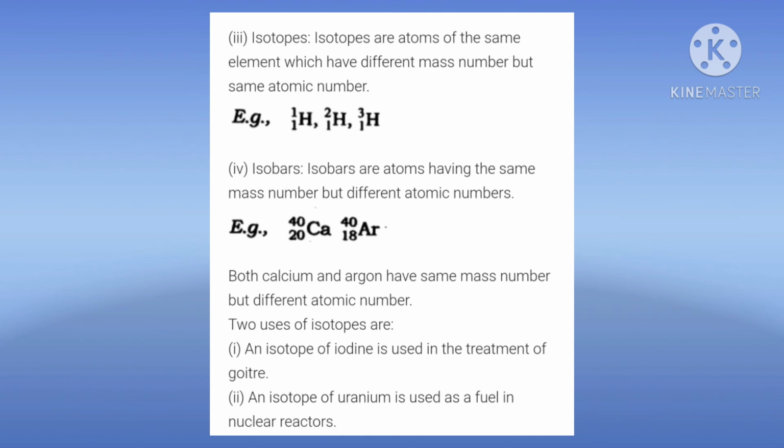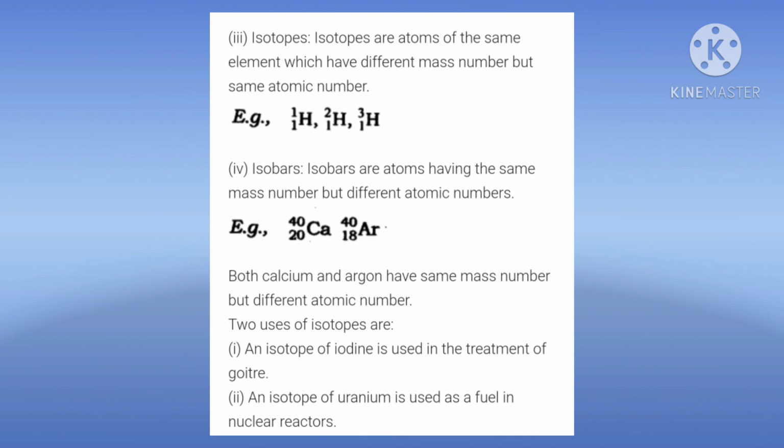Also, a question may be asked about the uses of isotopes. You can also see your book. In your book it is given that an isotope of iodine is used for the treatment of goiter, and an isotope of uranium is used as a fuel in nuclear reactors. In a nuclear power plant, the isotope of uranium is used because it is a highly reactive element.